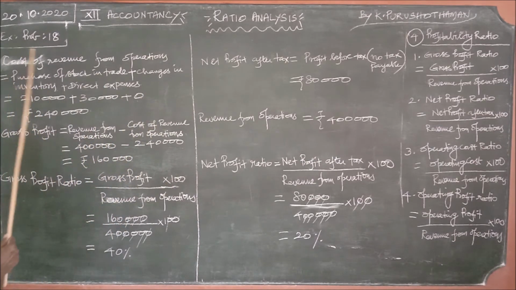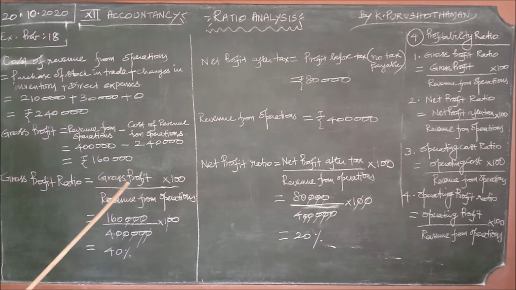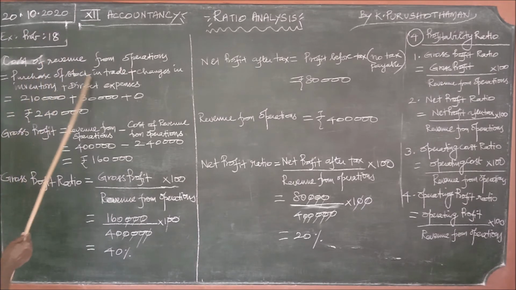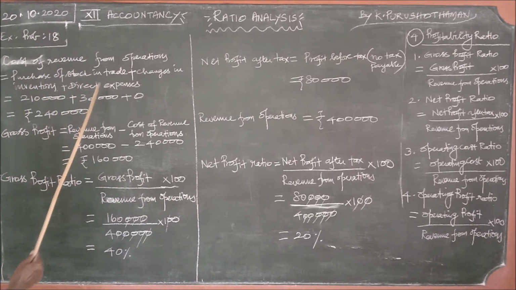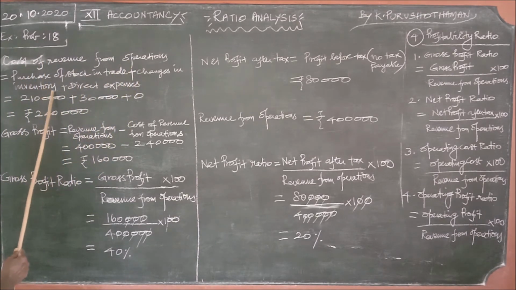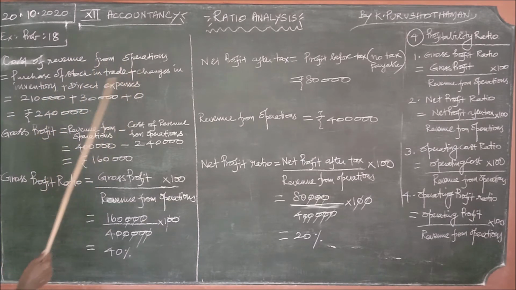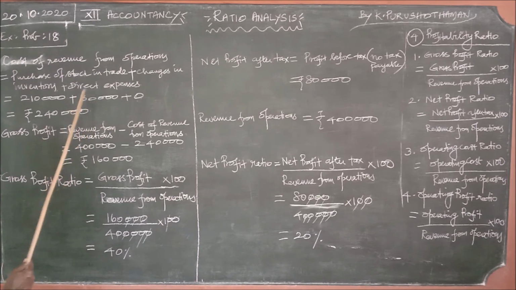What is cost? We should find the cost. To find the cost of revenue from operations, what we should do? First, purchase of stock in trade plus a change in inventories plus direct expenses. If it is purchase of stock in trade 2,10,000, changes in inventories, sometimes it may be in minus, we must be very careful. In this problem it is given as plus 30,000.